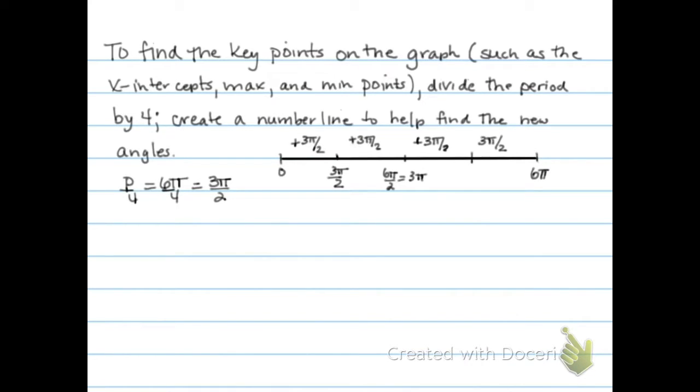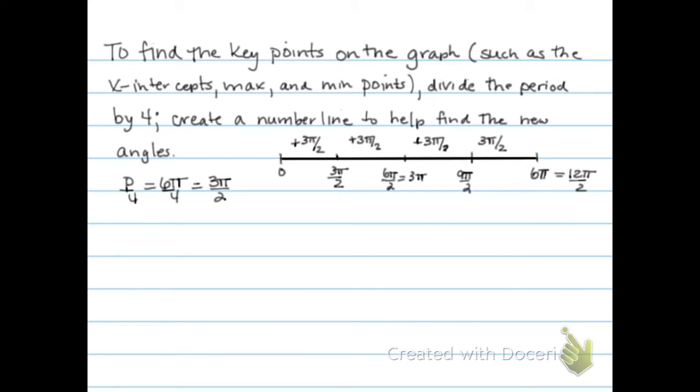All right, if I go to the third stop, then I need to add 6 pi over 2 and 3 pi over 2, and that's going to give me 9 pi over 2. And if I go to the fourth stop, then 9 pi over 2 and 3 pi over 2 is actually 12 pi over 2, and that reduces to 6 pi.